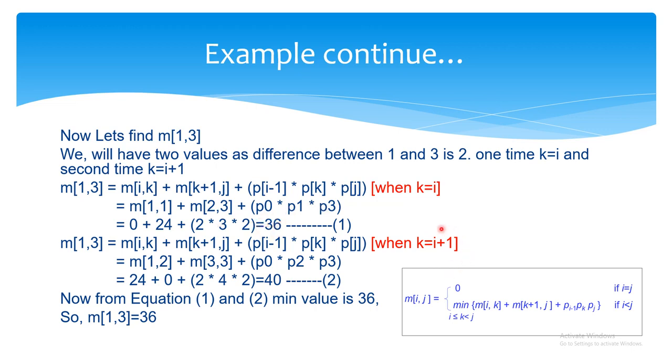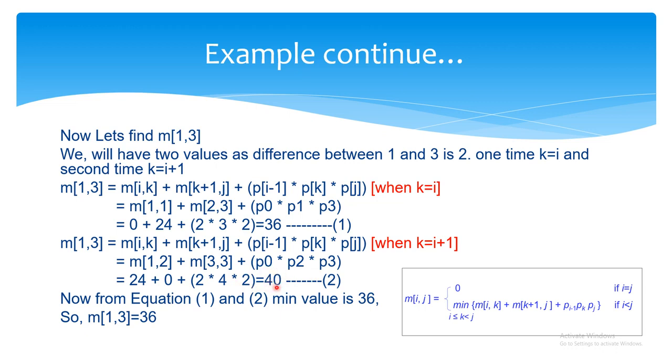Same way, if I take k equal to i plus 1, so instead of k equal to 1 we take 2, it becomes m12 plus m33 plus p0 into p2 into p3. If I put all these values, m12 we have already calculated, the value is 24, plus m33 is 0 because i equals j, plus p0 is 2, p2 is 4, p3 is 2.